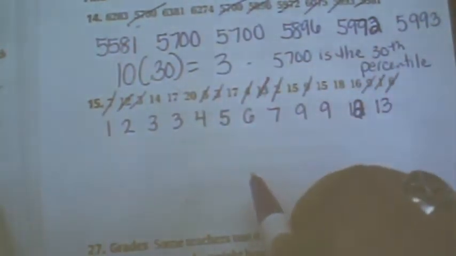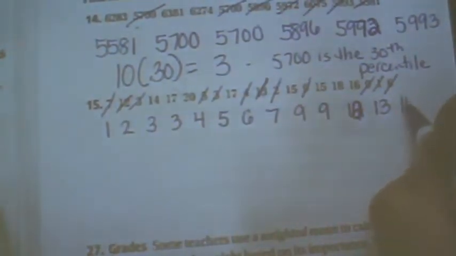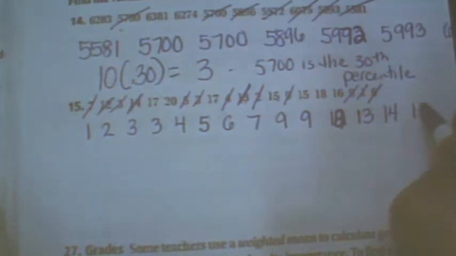How many 14s are there? 1. Then two 15s, a 16, two 17s, an 18, and a 20.